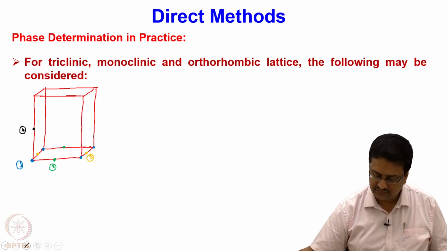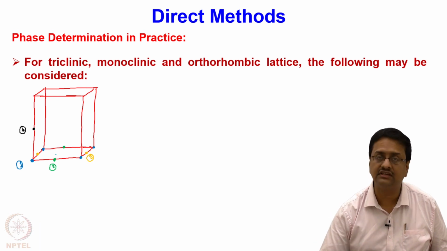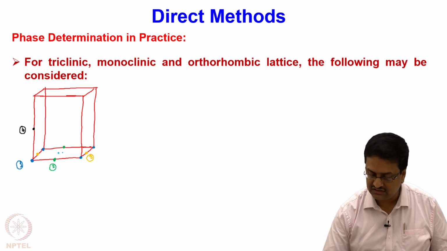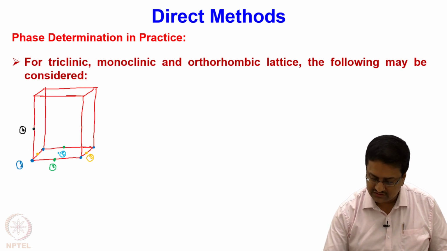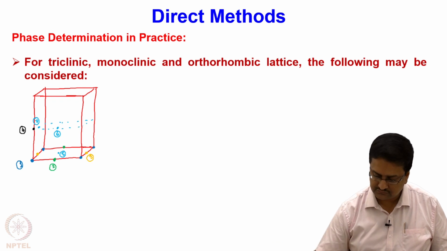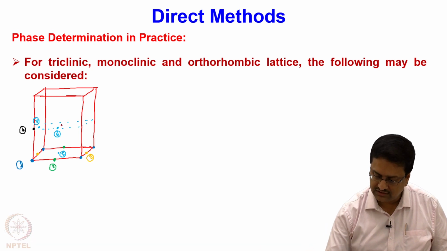Other than these, there are other symmetry equivalent positions and other inversion centers, which is the face center here marked as 5, the face center here marked as 6, the face center there marked as 7, and the body center point marked here as 8.